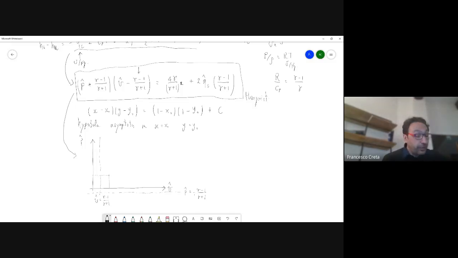Allora, when QC is 0, the hyperbola essentially passes through 1, 1. Okay, you can verify this.